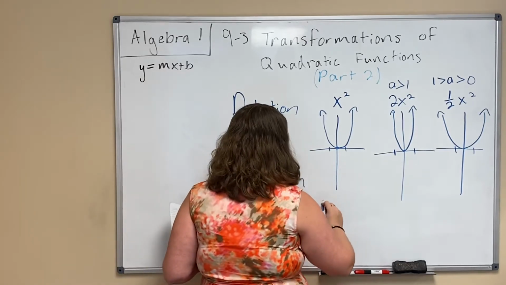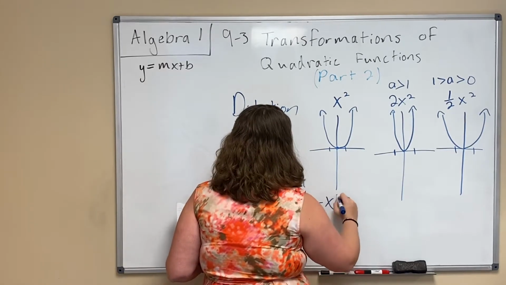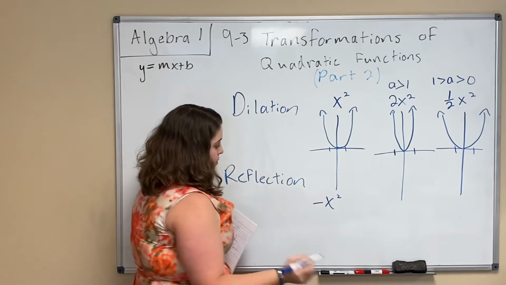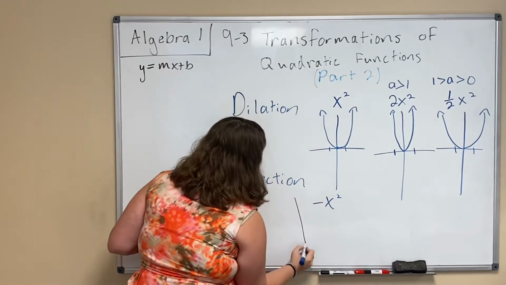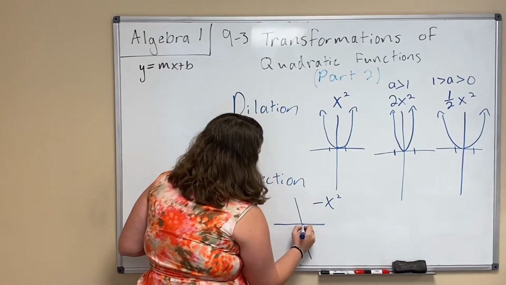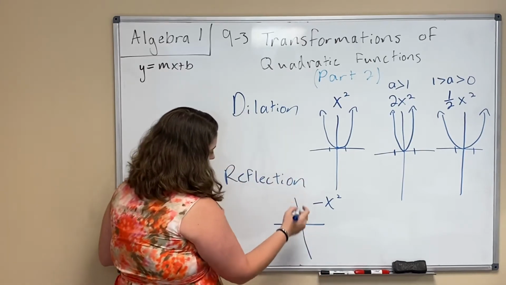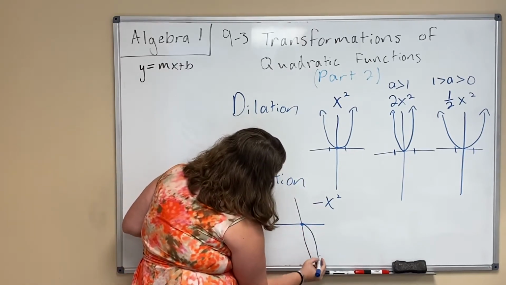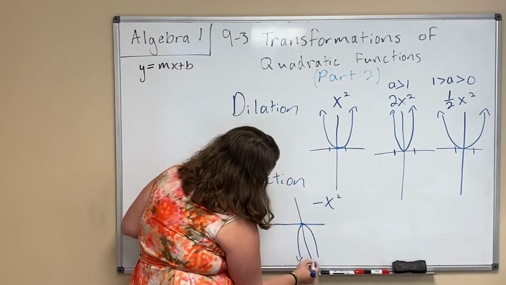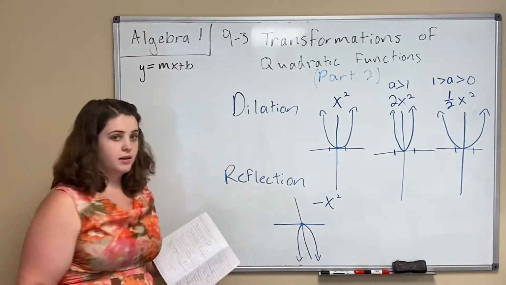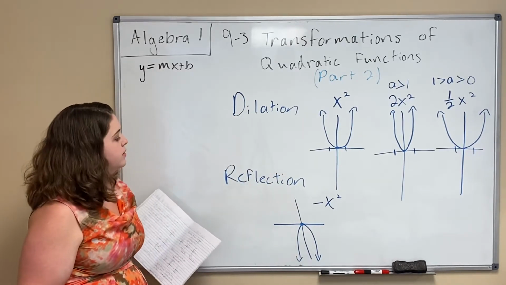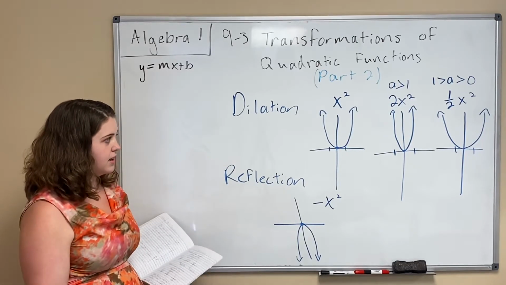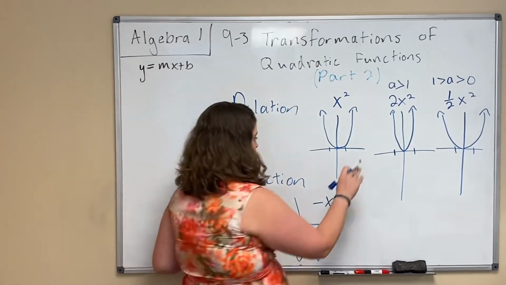If instead of x squared I had negative x squared, what I'm saying there is I'm taking my graph just how it normally was, and I'm reflecting it down.